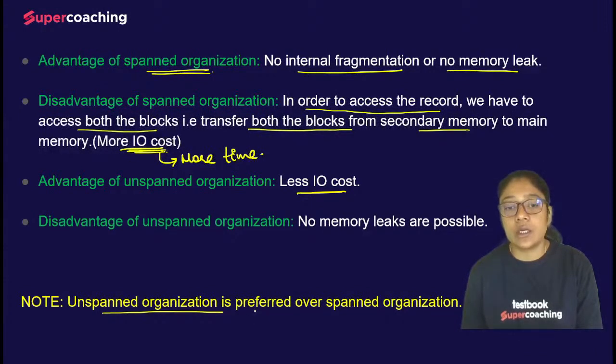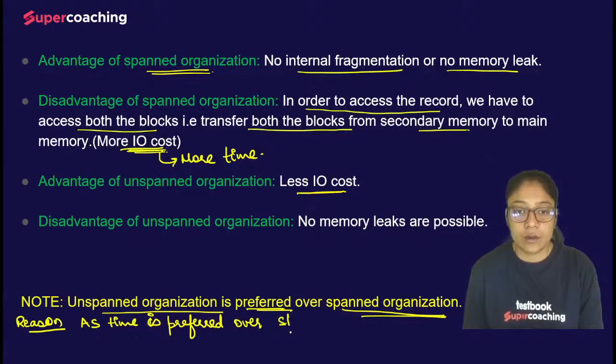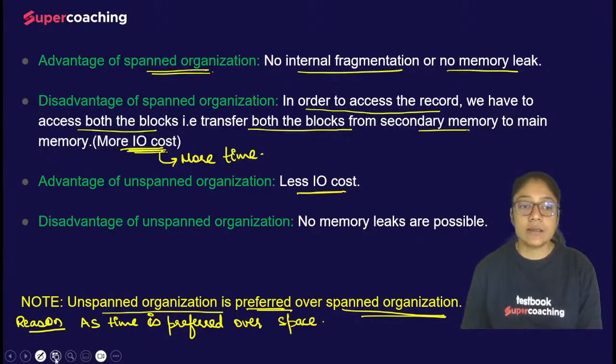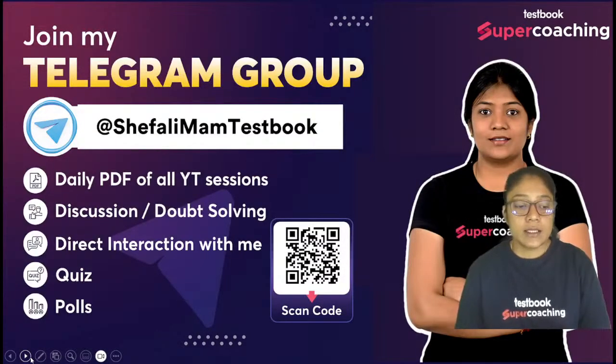Unspanned organization is preferred over spanned organization. The reason is that time complexity is preferred over space. Clear? Yes. So this is about spanned and unspanned organization.